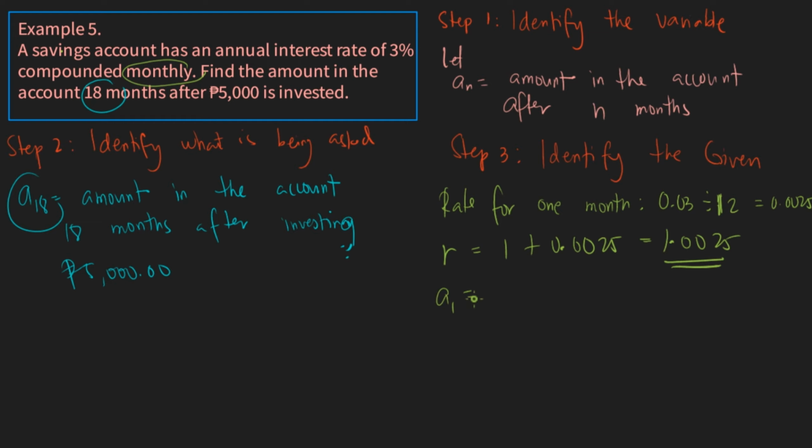So let's compute for the first term. 5,000 pesos times the common ratio 1.0025. So we will have 5,012.5 as our first term.